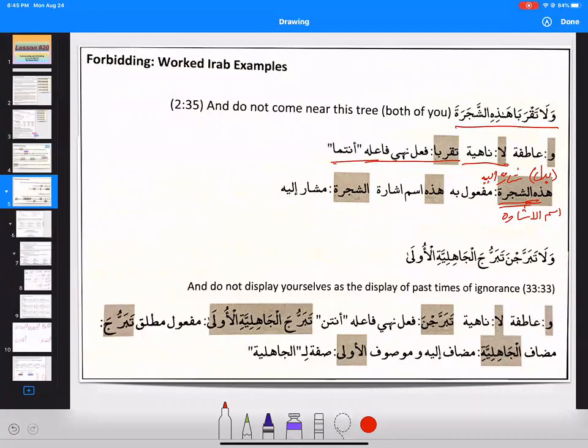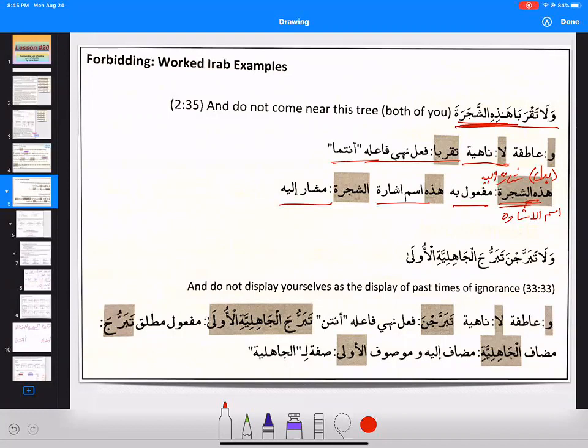If we're mentioning it, that could be our substitute too, just for a side note. So this hazihi, what role is it playing? Do not go where? To this tree. So this is our maf'ulun bihi. And then hazihi is ismul ishara, and shajarata is musharun ilayhi.